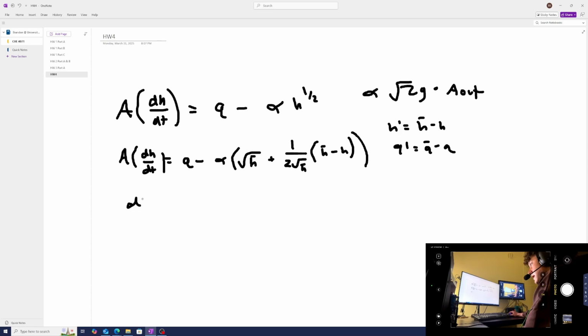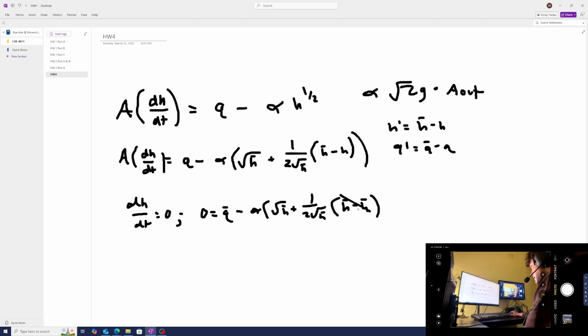So now at a point where our dh/dt is equal to 0, we know this will be equal to 0 is q bar minus alpha times square root h bar plus 1 over 2 square root h bar. Then again, h bar minus our h, but since we're at our steady state condition, we know that our h is going to be h bar, which means this will be equal to 0.